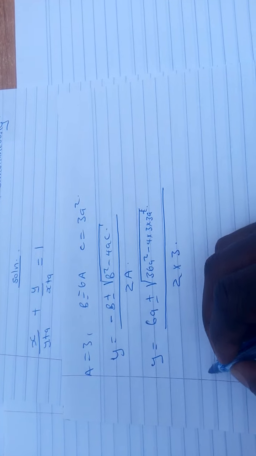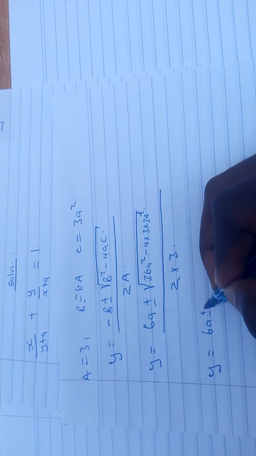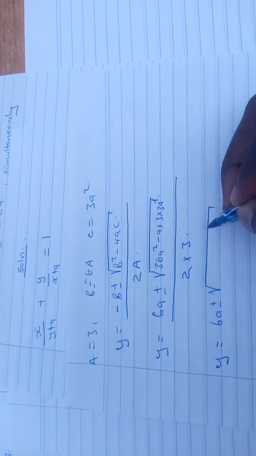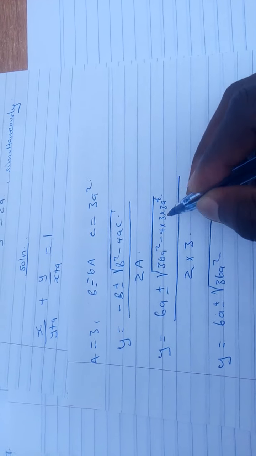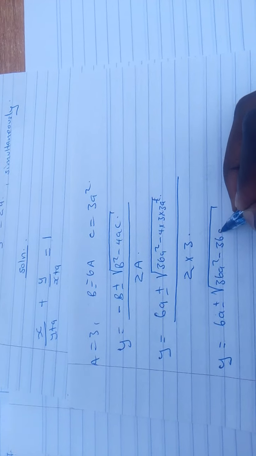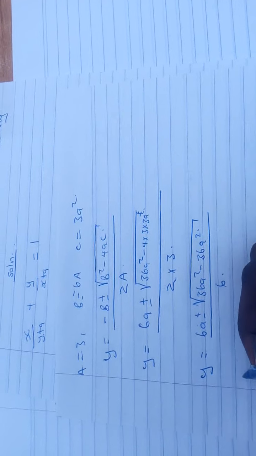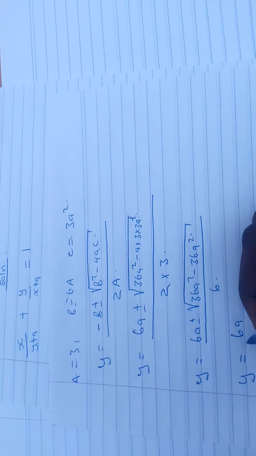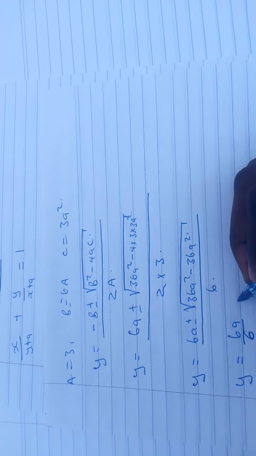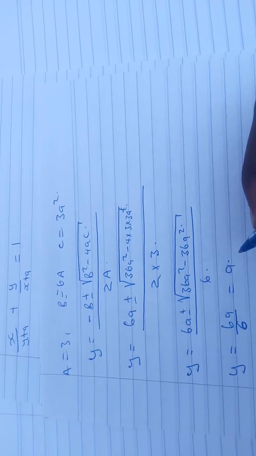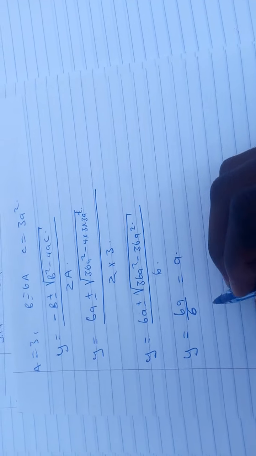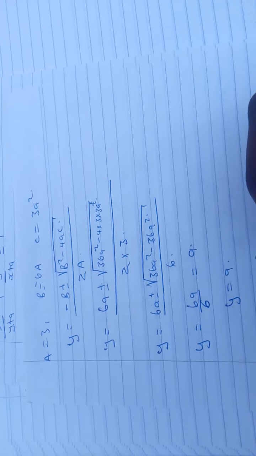That implies y equals 6a plus or minus the square root of 36a squared minus 36a squared, over 6. We end up with y equaling 6a over 6, which becomes a, because the 6 cancels out. So y equals a.